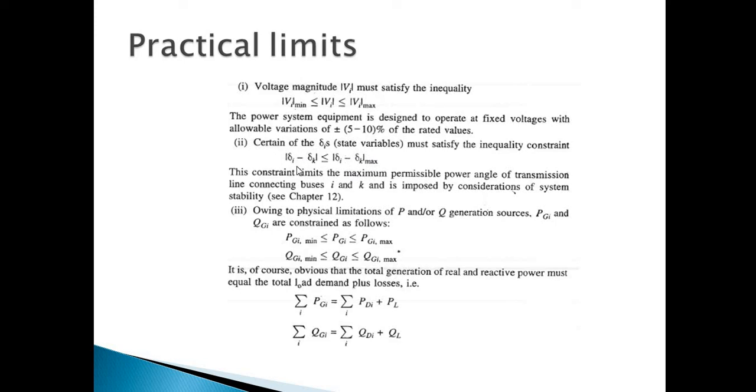We cannot allow delta to be a large value, as it will be a problem for stability. If the delta is such that the power is at the peak, as in the swing equation, then it is very, very dangerous. We cannot allow that solution to work.